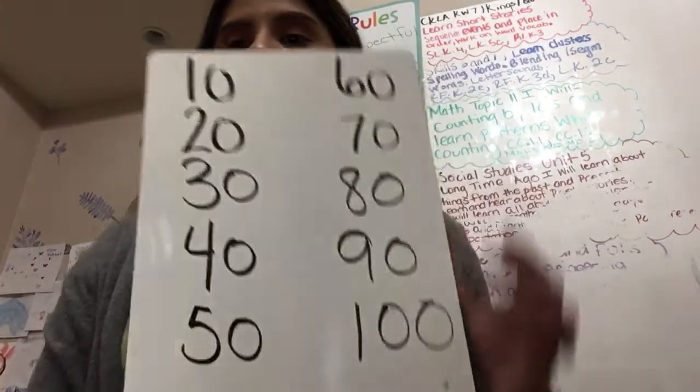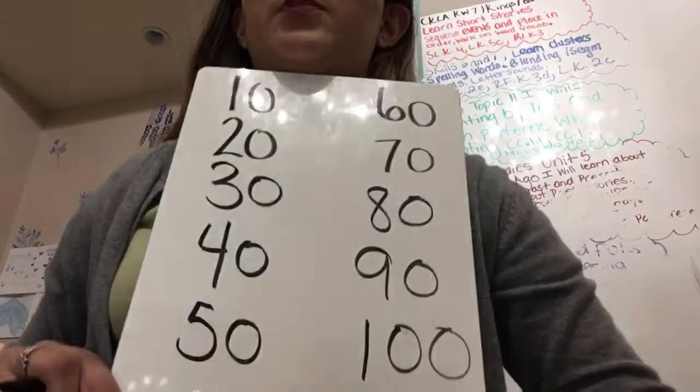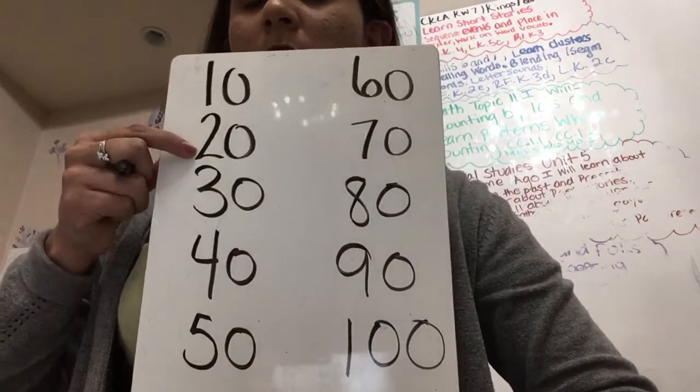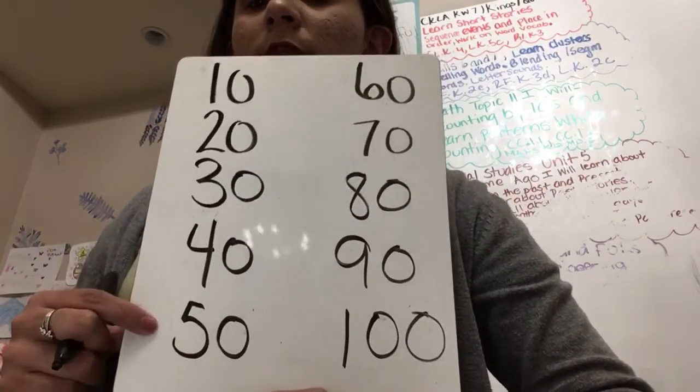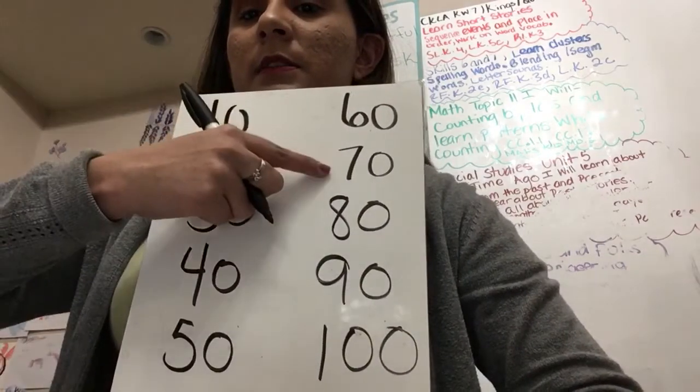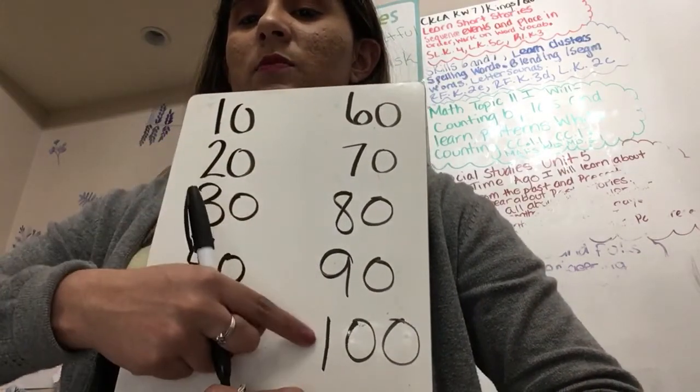So here we go. We're going to count by tens, and I put it like this because this board is small. 10, 20, 30, 40, 50, 60, 70, 80, 90, 100.